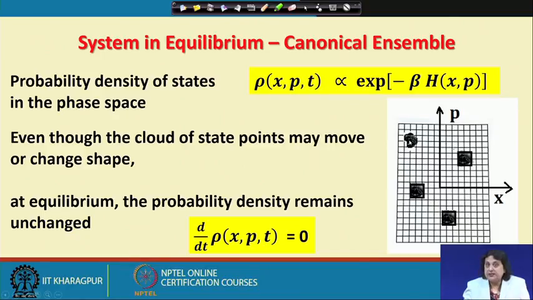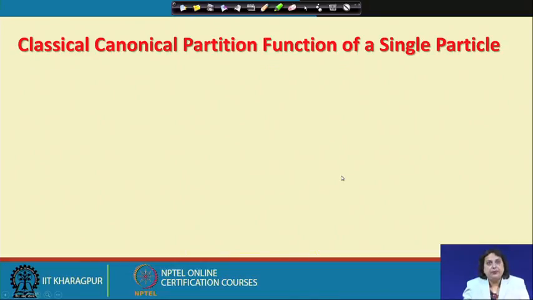But the point is, if the system is at equilibrium, the probability density in this case will remain unchanged with time. So, correspondingly, when I calculate the values of A when the system is at different positions, it will give me an estimate of the property A as evaluated and weighted by an equilibrium probability distribution.